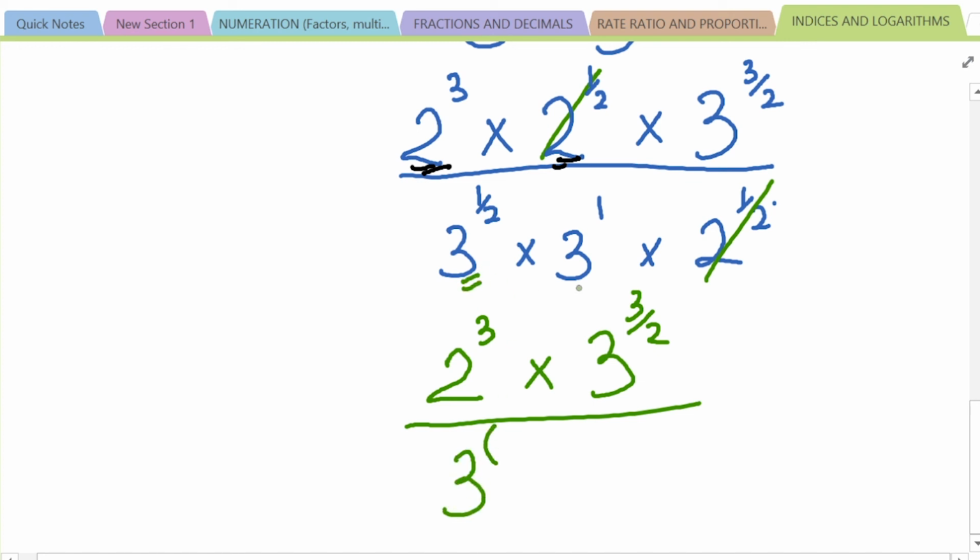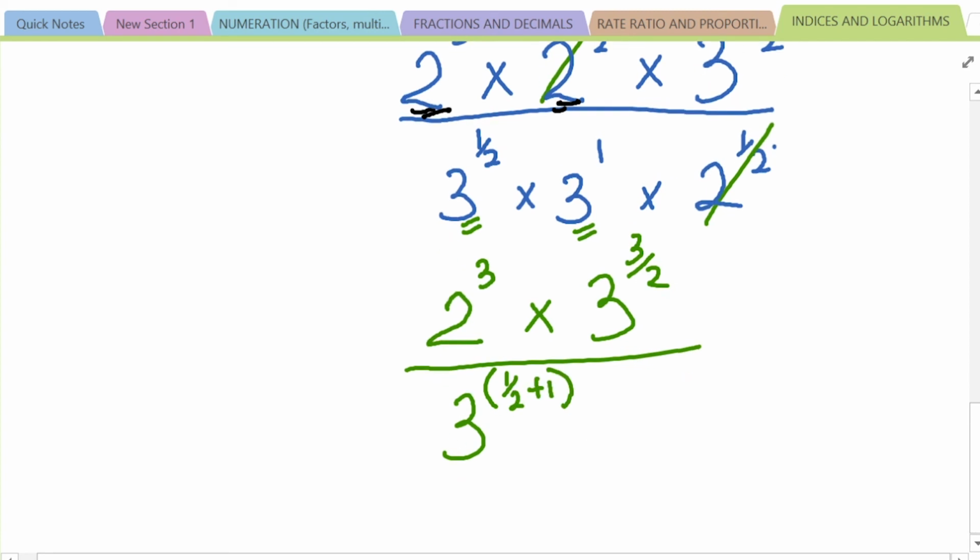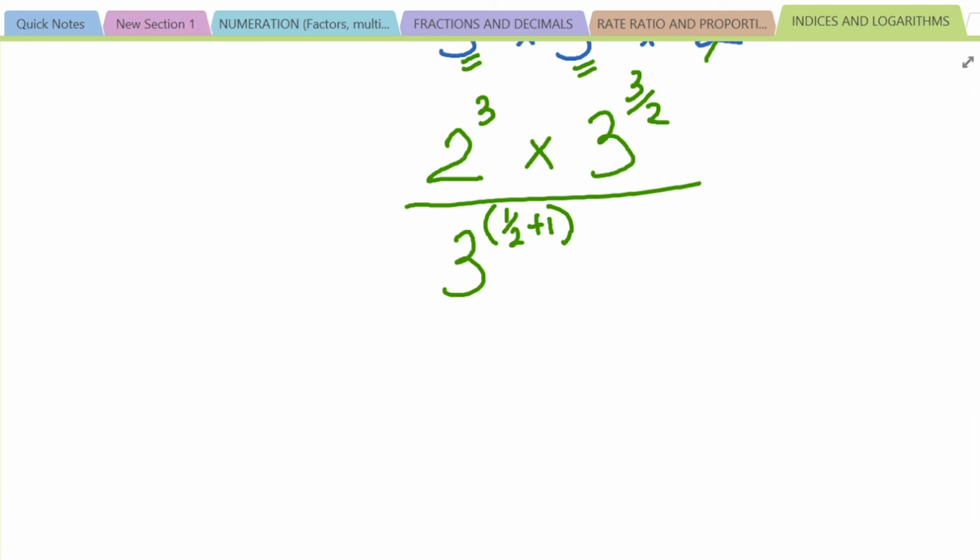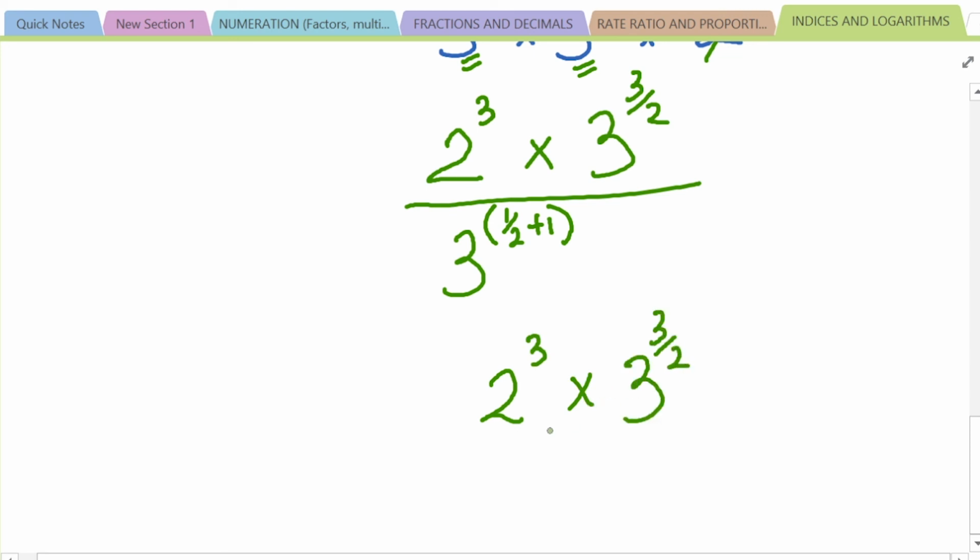The bases are the same. Add the powers, that is a half plus 1. Then from there, this is 2 to the power 3 times 3 to the power 3 over 2, divided by 3 to the power a half plus 1, which is 3 over 2, right? Three to the power 3 over 2.